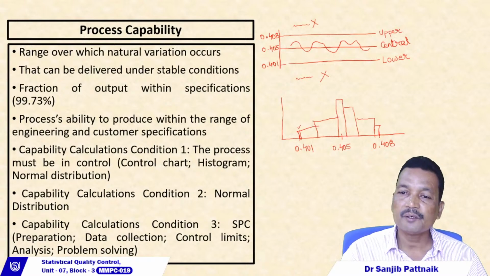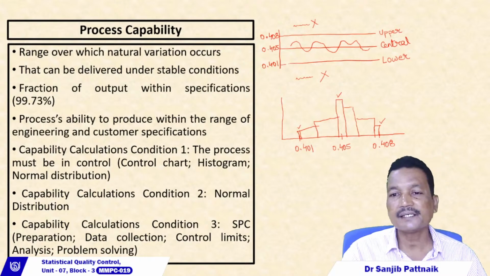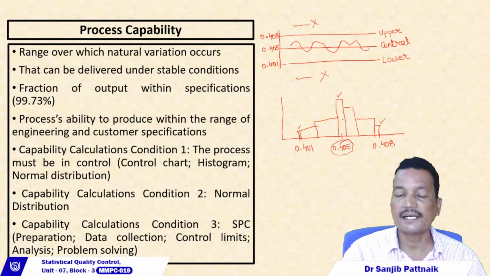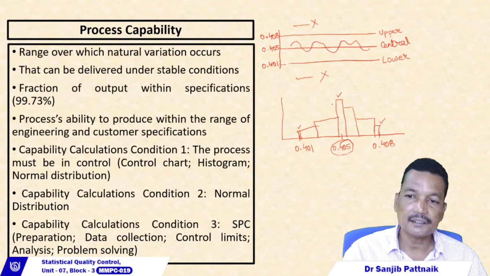These are the minimum levels, and this is required, the highest skyscraper. So by looking at this histogram, immediately I can say my average requirement is this one, the highest skyscraper. This is an ideal condition.